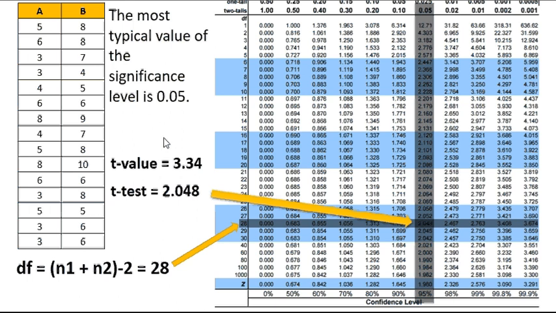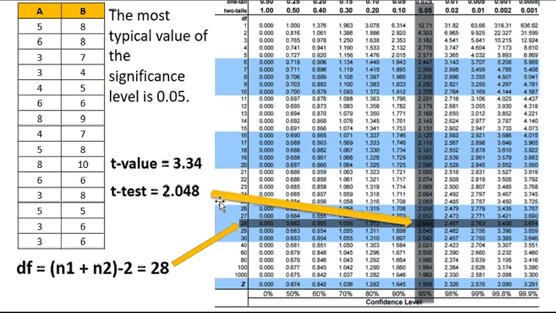In statistics, they commonly use the 0.05 p-value. Meaning in inferential statistics, 95% has more chance to be accepted, and 5% we wouldn't accept.